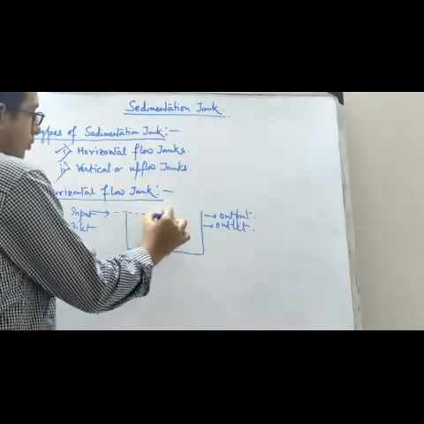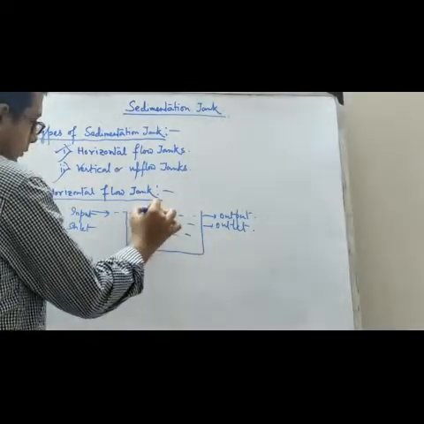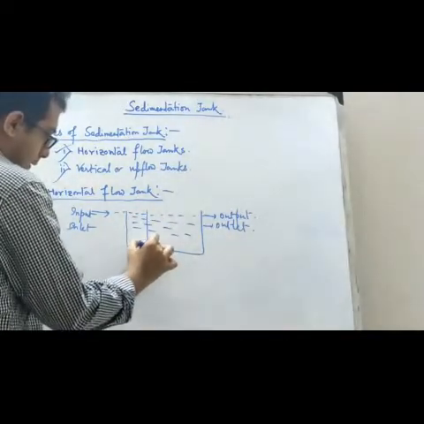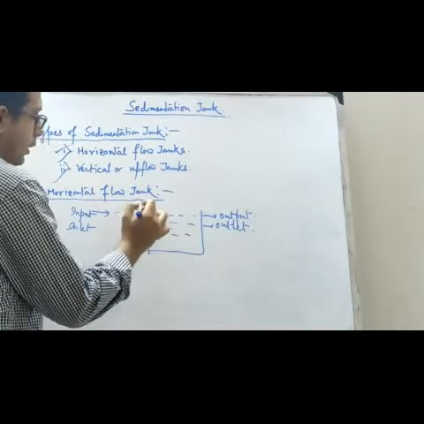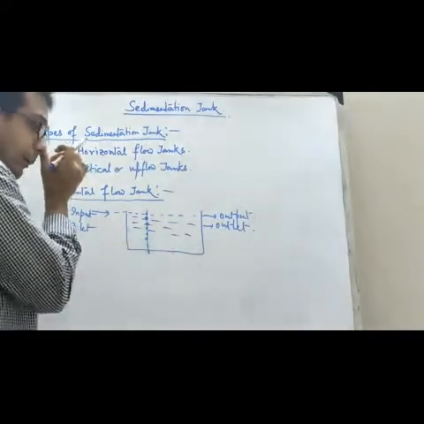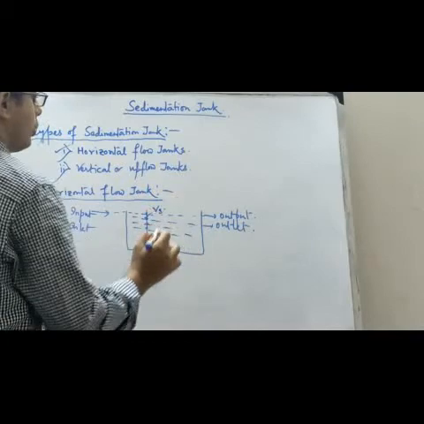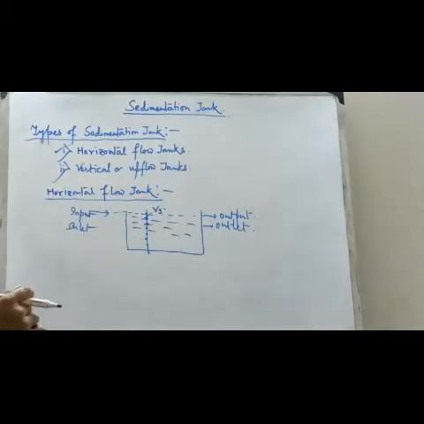We have to create an ideal condition so that for each vertical line, the settling velocity of the particles, denoted by Vs, should be the same. This is the ideal condition of a horizontal flow settling tank. But in practical cases, it may be different.